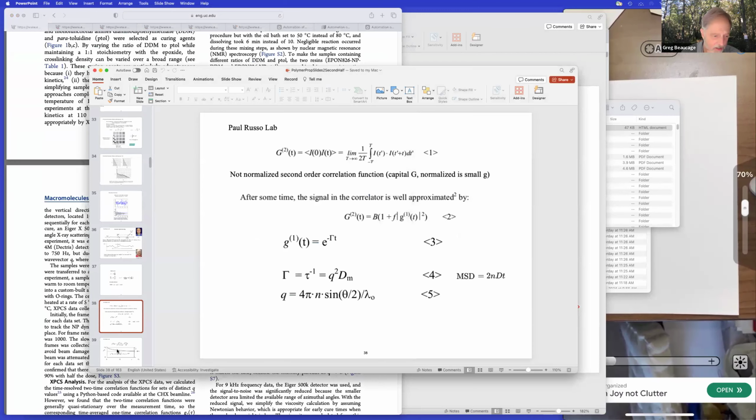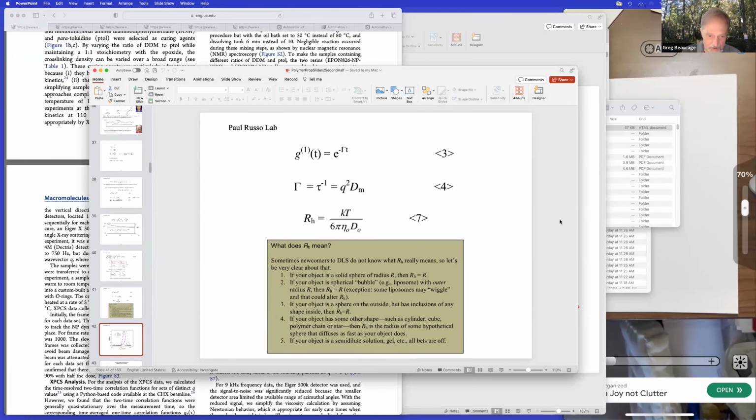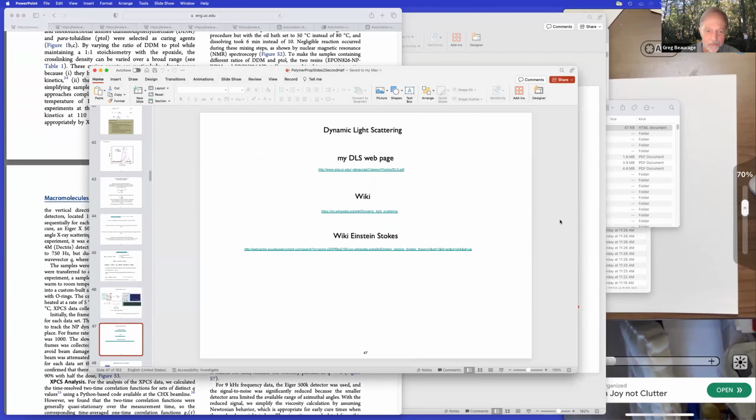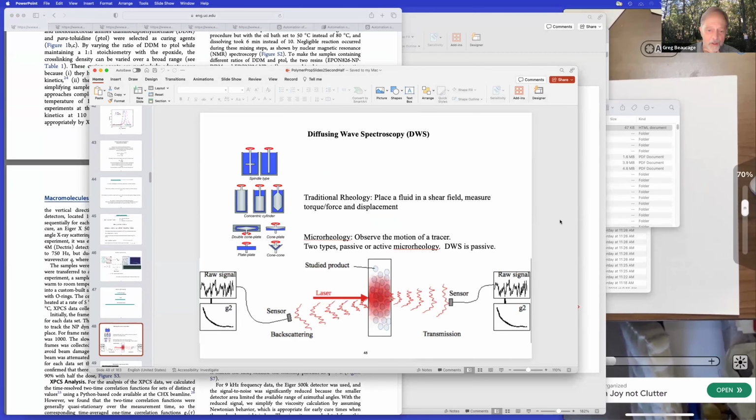And that's the same thing as when you do that with light, they call that diffusive wave spectroscopy. So basically you put in tracers, put the light in, do the dynamic light scattering measurement on the monodispersed particles that you put in. So you already know RH.